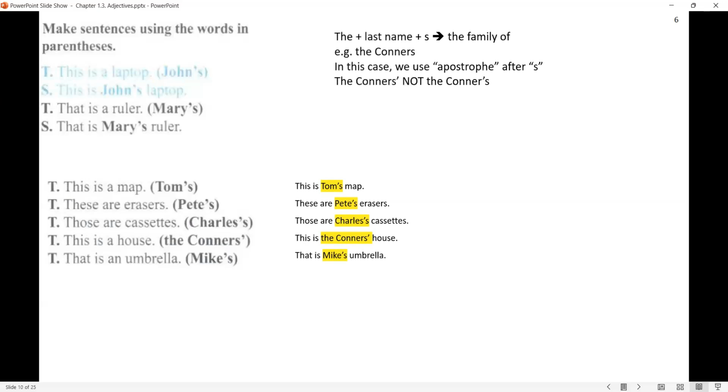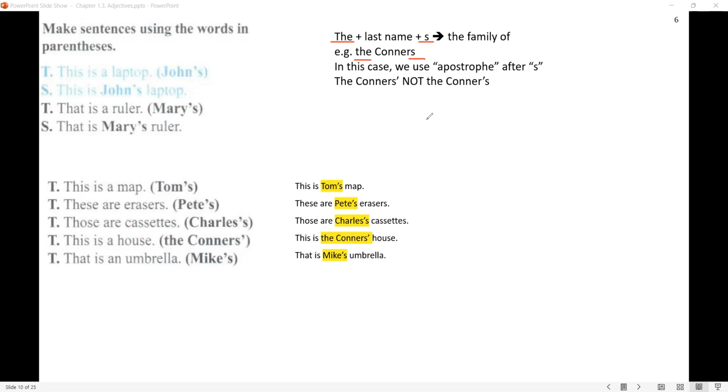One more time, I repeat, whenever you have the before the last name and you have S after the last name, you are talking about a family, the family of Connors, Mr. Connor and Mrs. Connor.